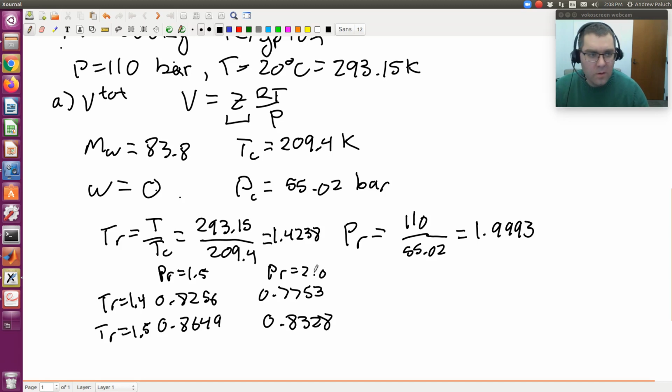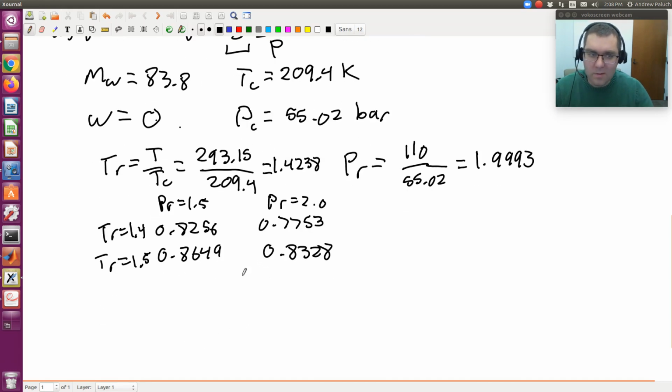Okay, so I'll use MATLAB to speed the process up, but essentially you could go in either direction, right? But what you could think of is, well, I know that I have a reduced temperature of 1.4238. So what I can first do is, based on my data here for reduced pressure of 1.5, I could interpolate between these 2 points to come up with an estimate of my value at my desired reduced temperature for my reduced pressure of 1.5.